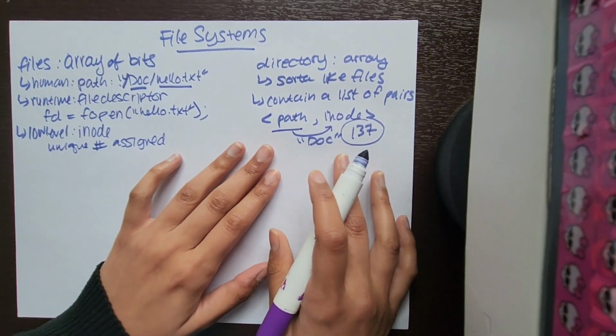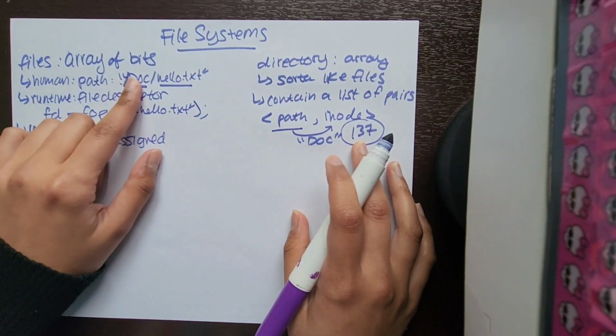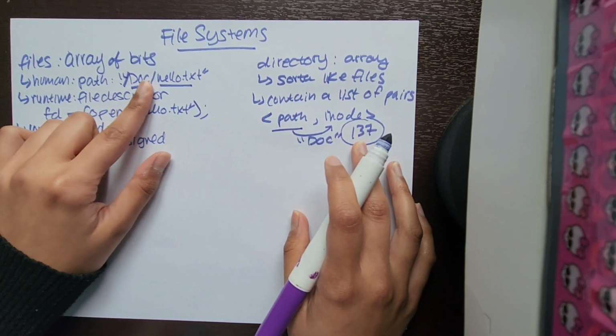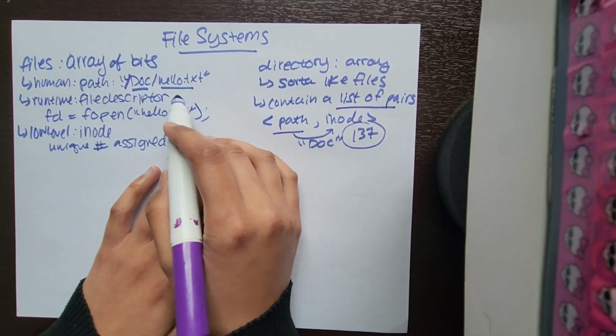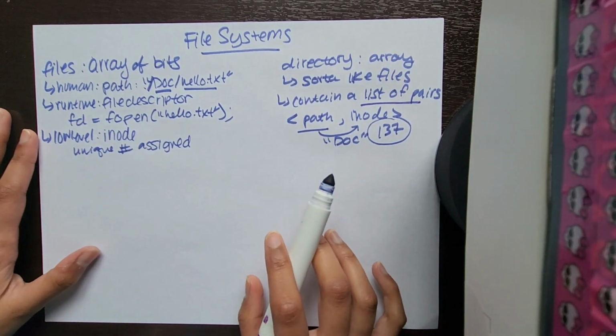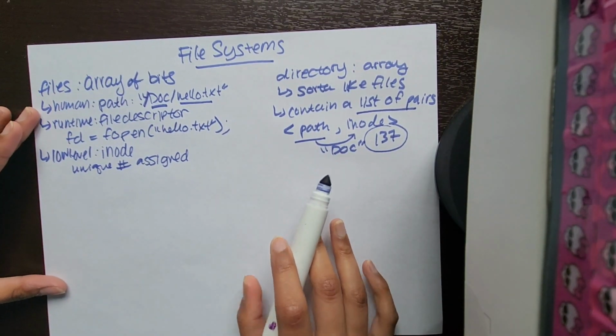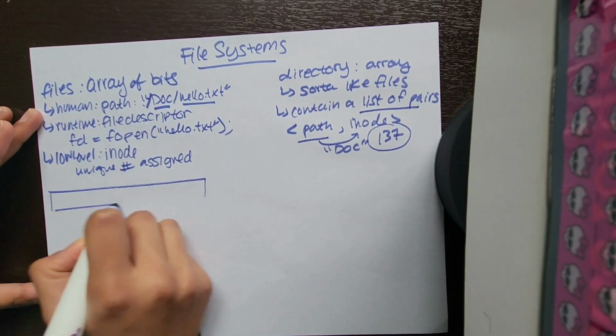We'll talk about how it does so in a bit. Then it would find out that documents is another directory, so it traverses again, going through the list of pairs listed under the documents directory, and then finds the appropriate file.